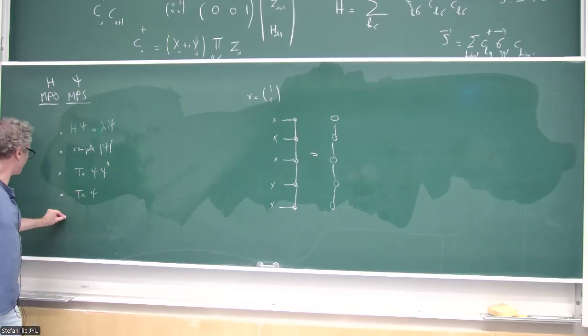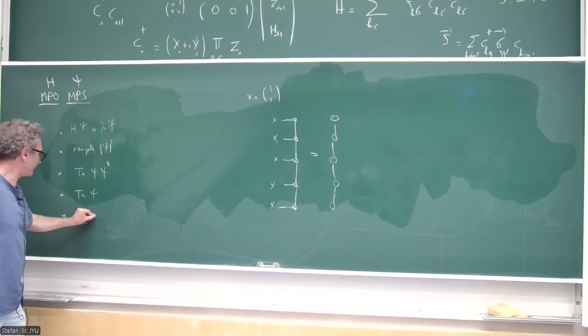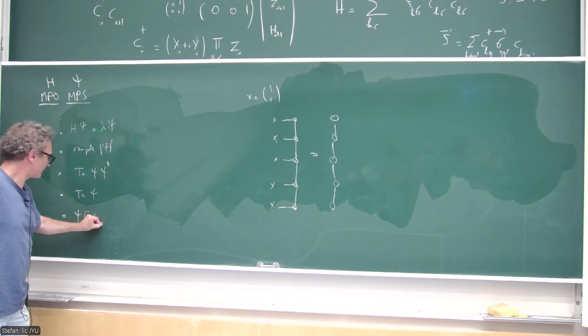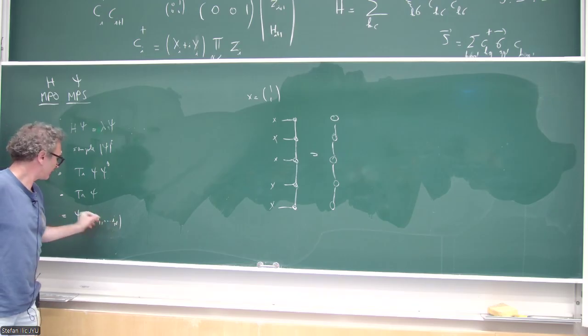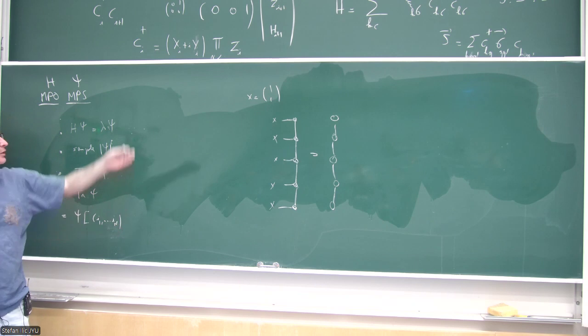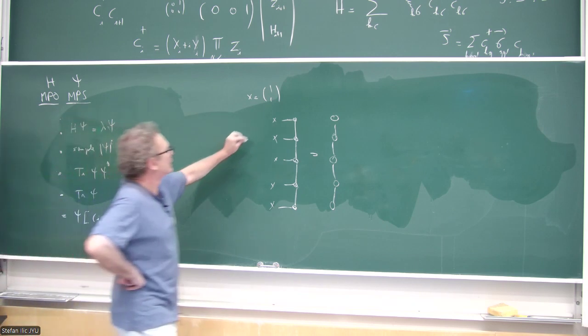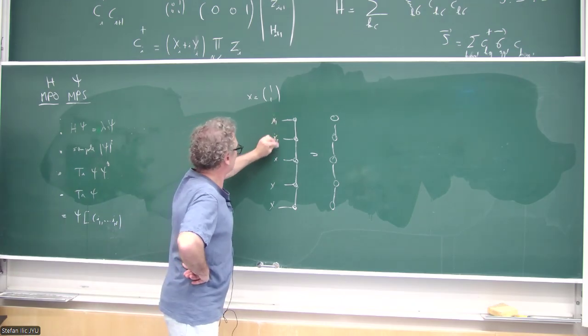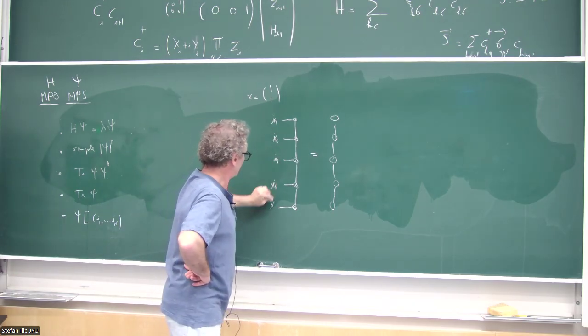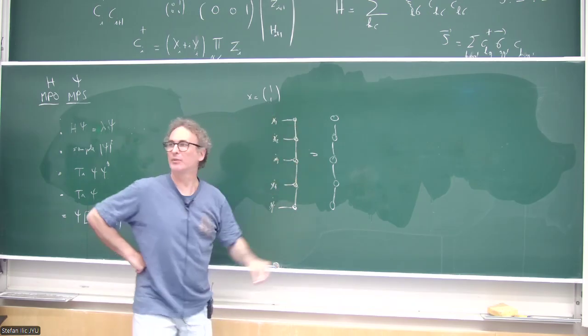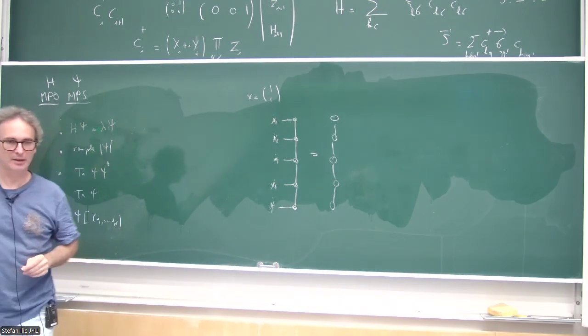So I can get the trace. I can get psi of any entry I want. I just need the corresponding I1, I2, I3, I4, I5, and then again, matrix vector product.